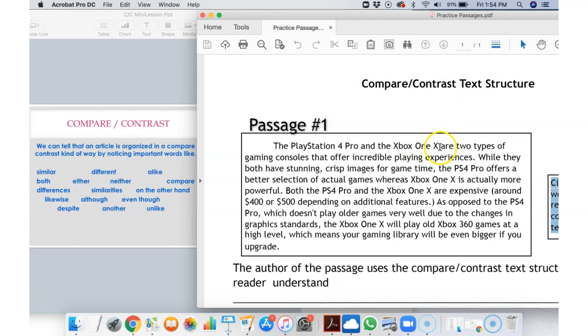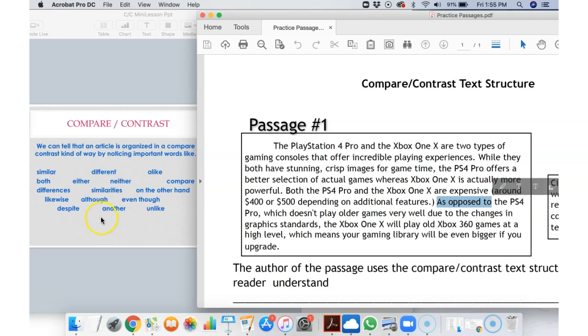Okay. So we have this phrase here, 2 types, right? We know we're comparing 2. Look at this one. We have the words while they both. So both is over here. That matches up because we're comparing the 2. We have the word both again. Oh, and look at this one. As opposed to.